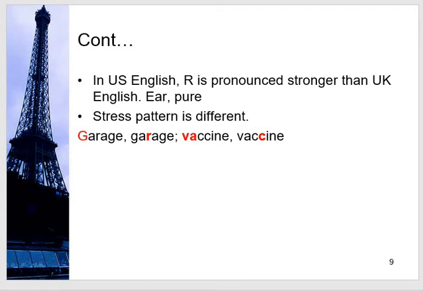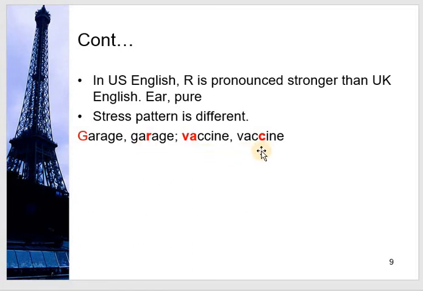Stress pattern is different. For example, look at these two words. British gives stress on the first syllable. Garage, vaccine, while Americans are giving stress on the second syllable. Garage, their stress is on the ra sound.